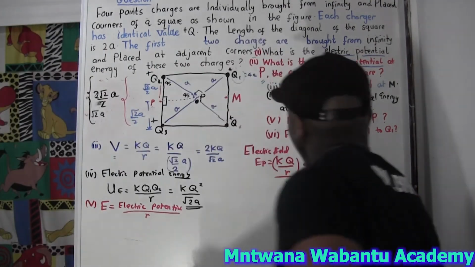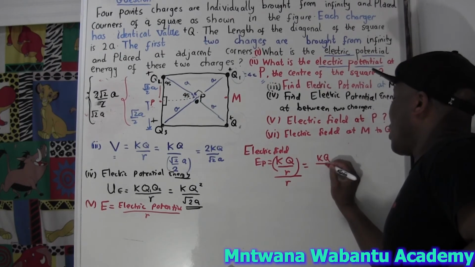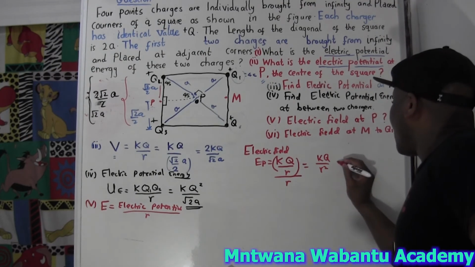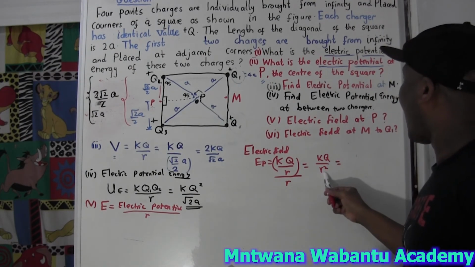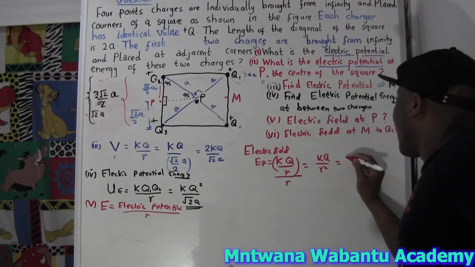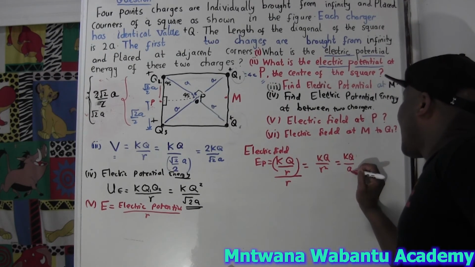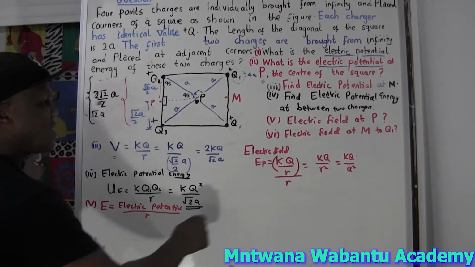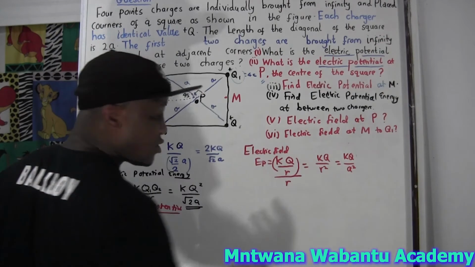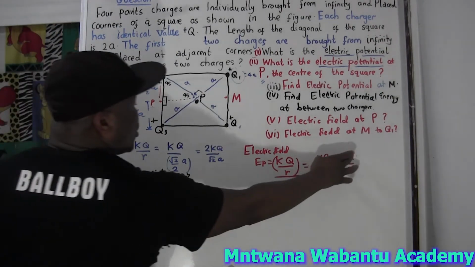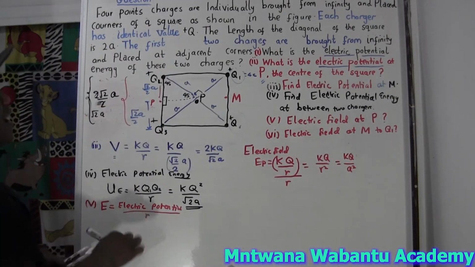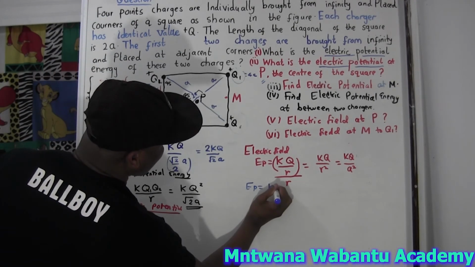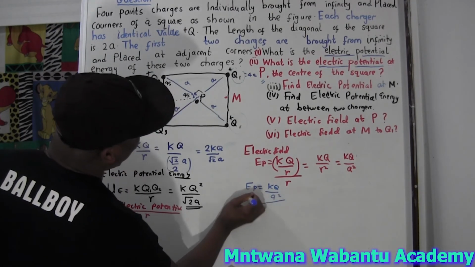So this R is going to come here. It's going to be KQ over R times R, which is R squared. You know this R can come here mathematically. Now what is R? The radius is A. So it's KQ over A squared. So electric field is always equal to the constant K, which is always given to you, times Q over A squared, where A is the radius.